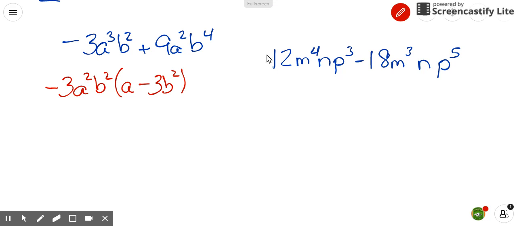In this example, notice we don't lead with a negative, so I'm not going to take a negative out. So I can look at the 12 and the 18, and the GCF would be 6. I look at my M's, and I can take 3 of them out. I look at the N's, 1 here, 1 here. I can take out 1. 3 P's, 5 P's, so I can take out 3 P's.